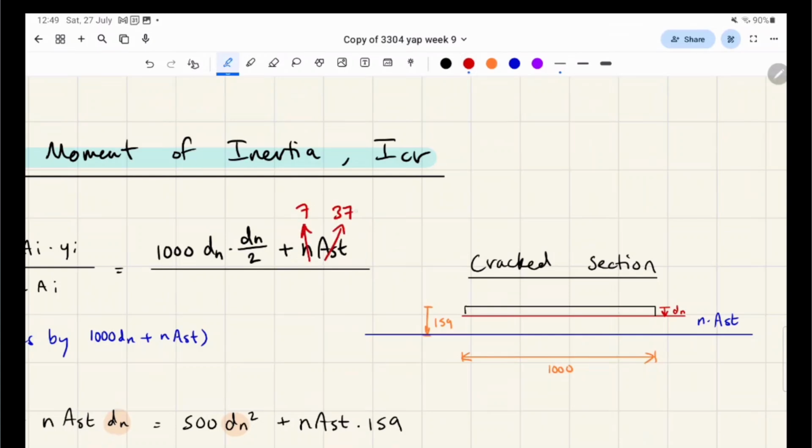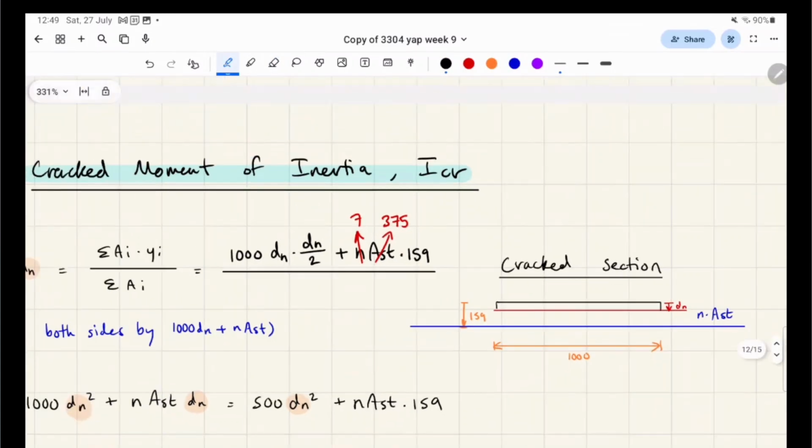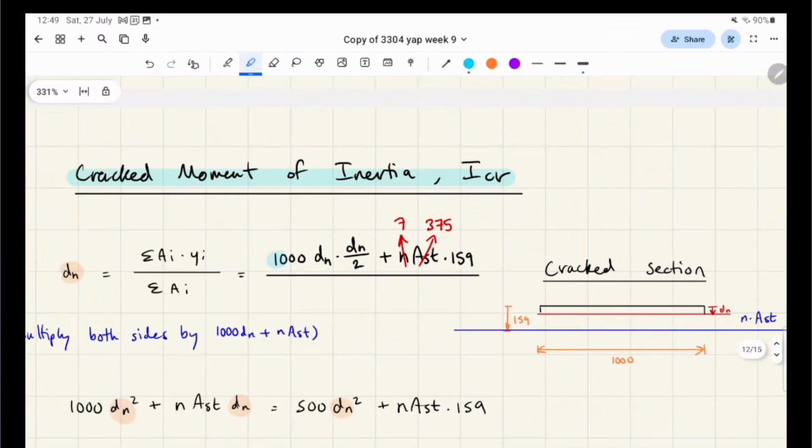And the steel area hasn't changed because we calculated that in the first part, and the depth hasn't moved either. So for the area part, we do 1000 dn plus 7 times 375.